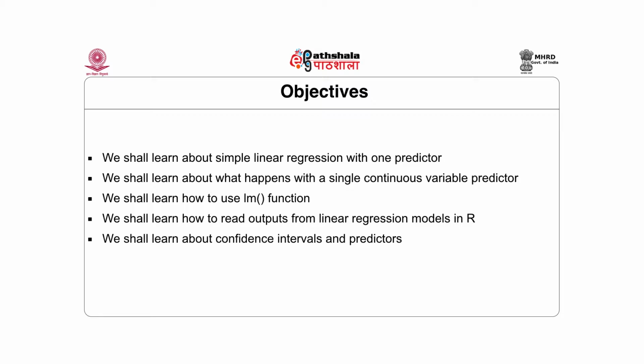And we shall also learn how we can read outputs from linear regression models in R. When I say how to read outputs from linear regression models in R, I essentially mean that you should be able to save your linear regression model outputs in the form of an object, and then you can further manipulate that object in order to do what you want to do.